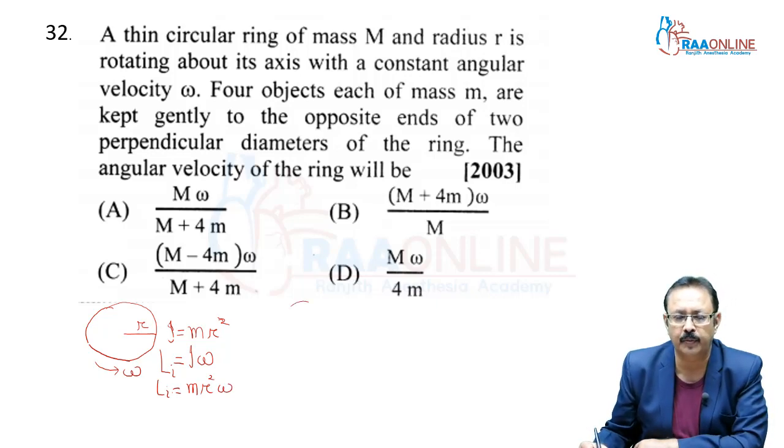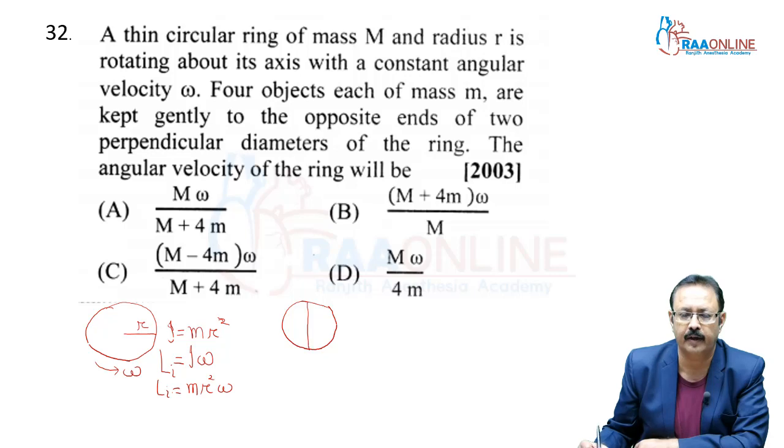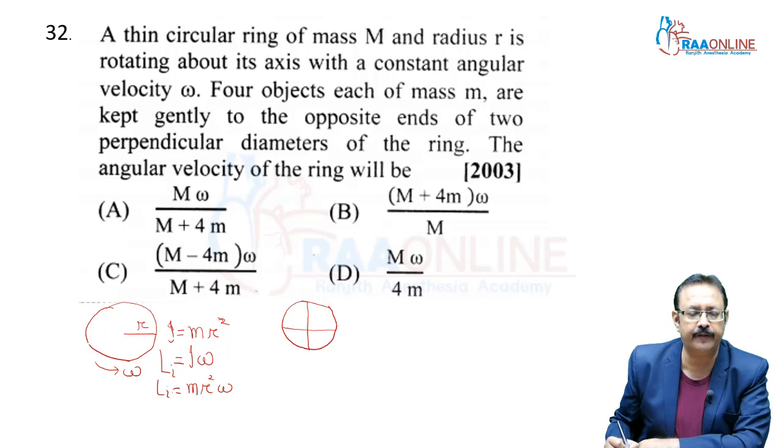What did you do now? You select 2 mutually perpendicular diameters, and you gently fix 4 masses m on the 4 corners. The distance of the 4 masses from the axis of rotation, which was passing through the center, was r.